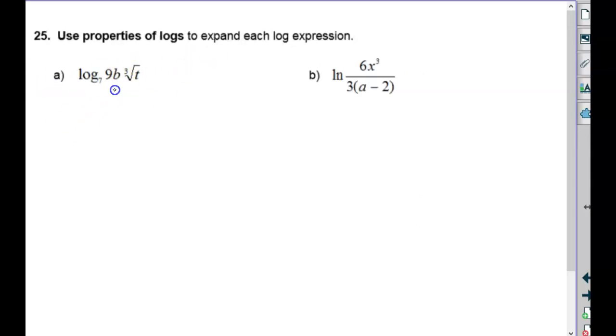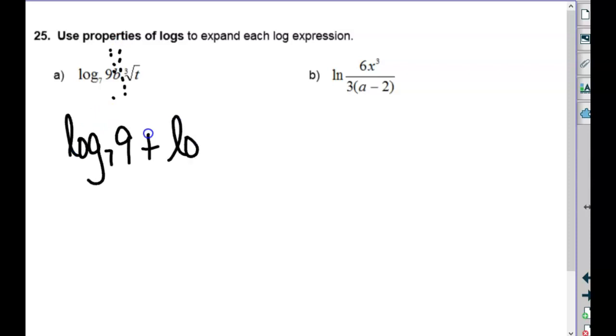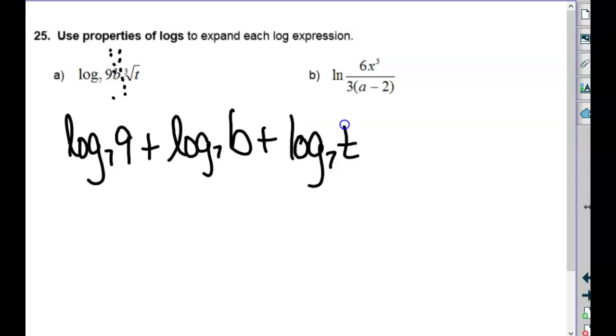All right, expand. You have to expand each little piece. So we're going to expand here and here. So we have log base 7 of 9. It's multiplied by log base 7 of b, which is multiplied or plus log base 7 of t.